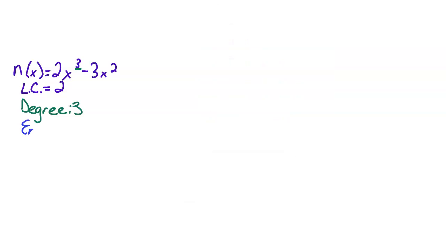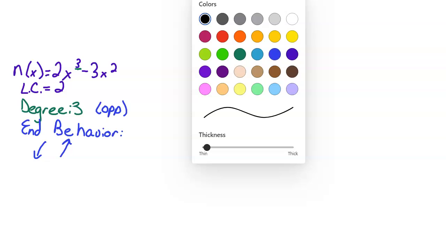Our end behavior, so we have an odd degree, so we're going opposite directions. Our right side will be positive, so we'll be going up on this side, but we'll be going down on this side because we're going in opposite directions.